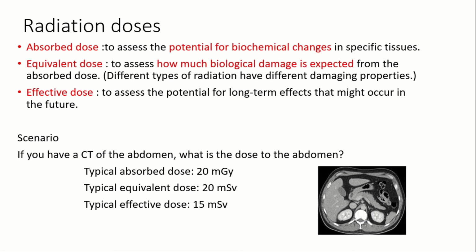The equivalent dose is an amount that takes the damaging properties of different types of radiation into account. To compare: the absorbed dose tells us the energy deposited in the volume of tissue or body, whereas the equivalent dose addresses the impact that the type of radiation has on the tissue.